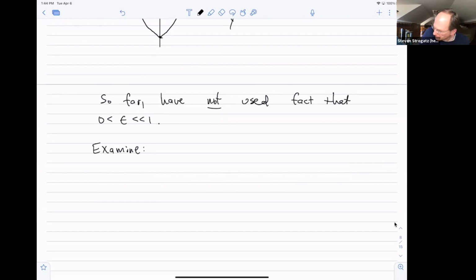So let's examine this differential equation in light of the smallness of epsilon. It was y prime is z, z prime is 1 over epsilon, y, z minus 1.